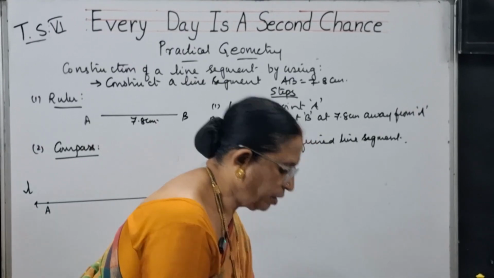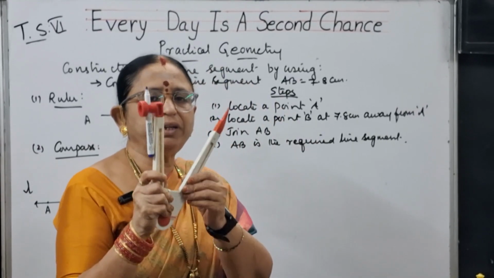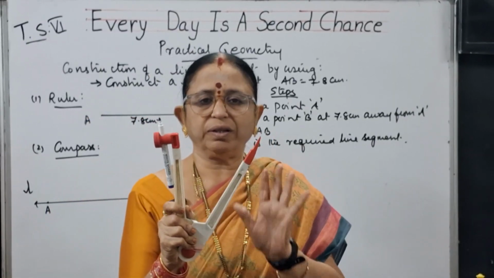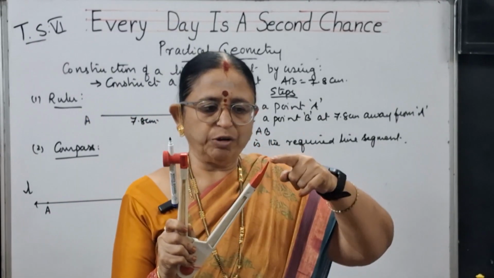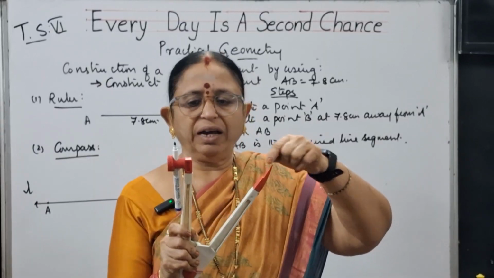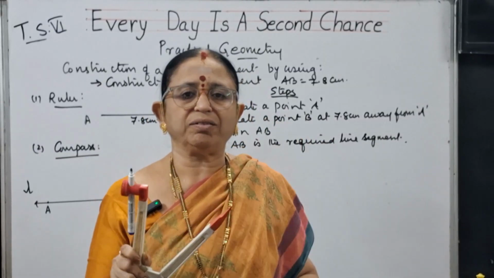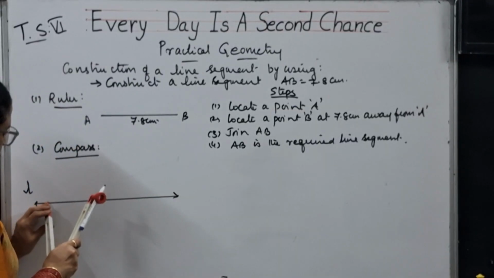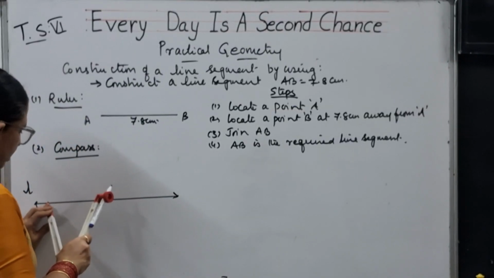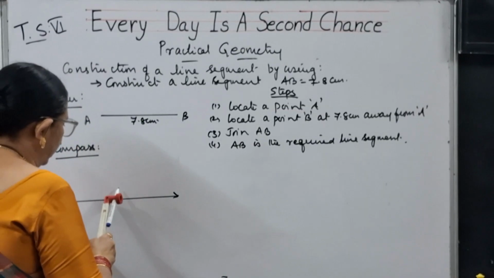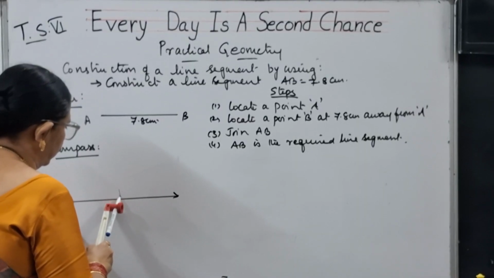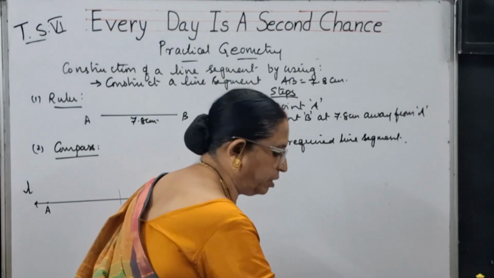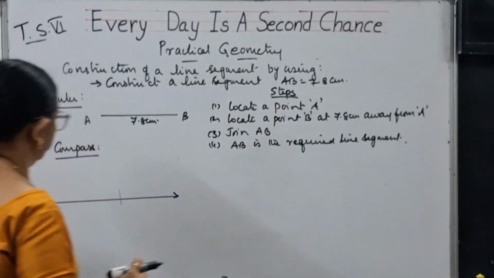So, this is 7.8 centimeters which I have got by using the scale. I have kept this at 0 and I have extended it till I reach 7.8. Now what I have to do? I have to keep the needle, the pointer, here, and I should cut an arc like this upon it. This point is called B.